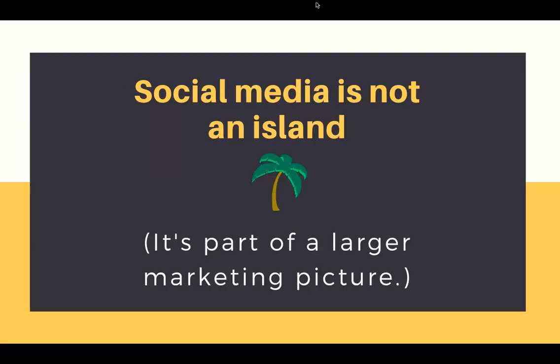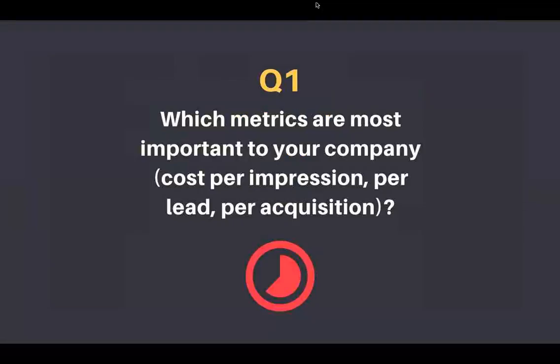So if you try to measure your success in terms of just likes or interactions on a single post, you will never be able to see the big picture of how social media impacts your bottom line, how it relates to sales, how it really drives revenue, which it does, but you'll never be able to see that if you think of social media working alone. It is not working alone. It is part of your larger marketing picture, and we're going to talk about what that actually means.